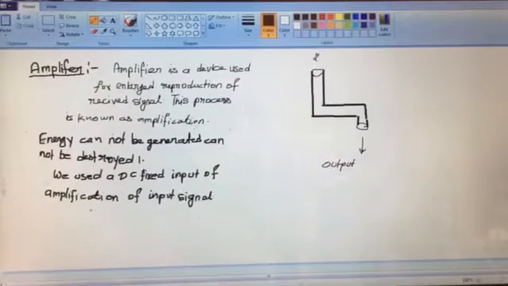Here is the input of water, and at this place we have used a controller which will control the amount of water.